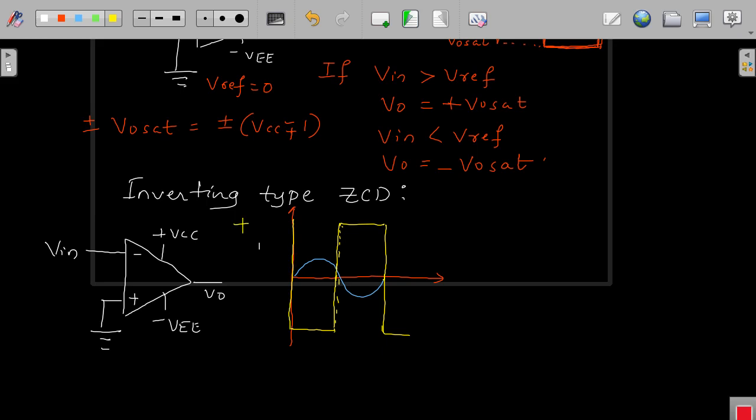So this is plus V0 sat and this is minus V0 sat. This is my V in and this is my V0. This is as simple as this, the inverting type of zero crossing detector.